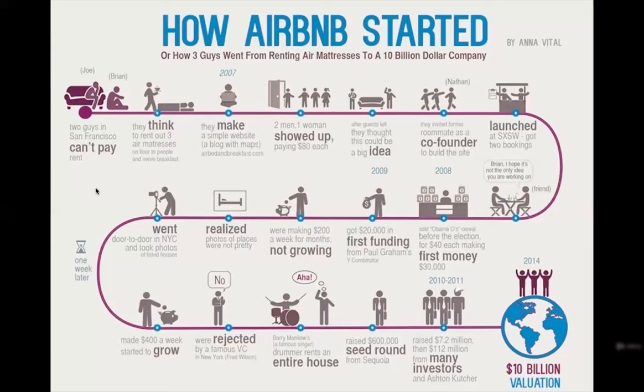So they rented out 3 air mattresses to people and served breakfast. In 2007, they made a very simple website, like a small blog with maps, called airbedandbreakfast.com, and they made $80 out of that. Their very first customers, 2 men and 1 woman, showed up and paid $80 each. That means $240 at that point in time.